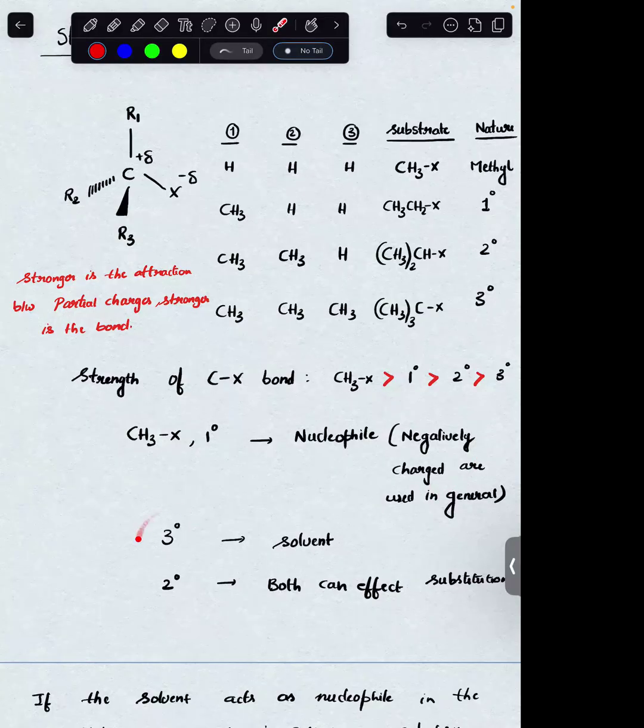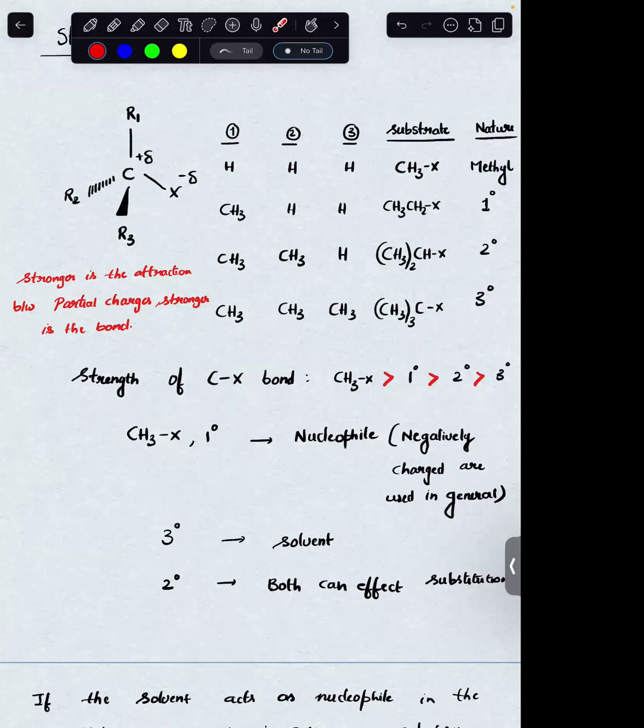If it is 3 degree, even the solvent can bring about the substitution reaction. In that case, it will be called solvolysis, breaking with the help of solvent only. A 3 degree C–X bond can be broken with the help of solvent only. Why is solvent sufficient? Because the solvent is in general neutral, right?